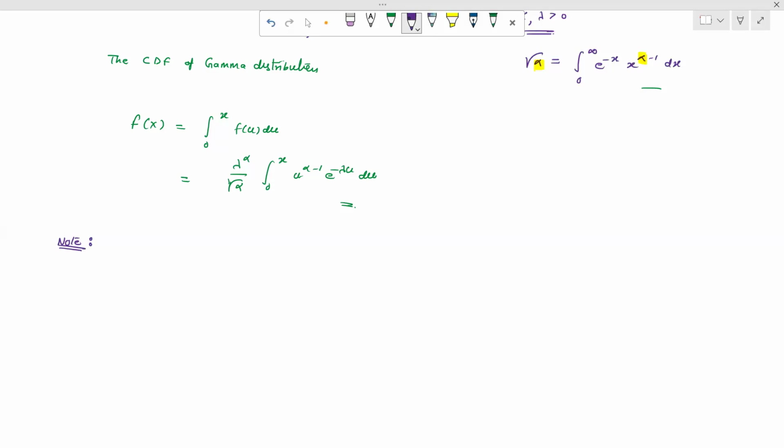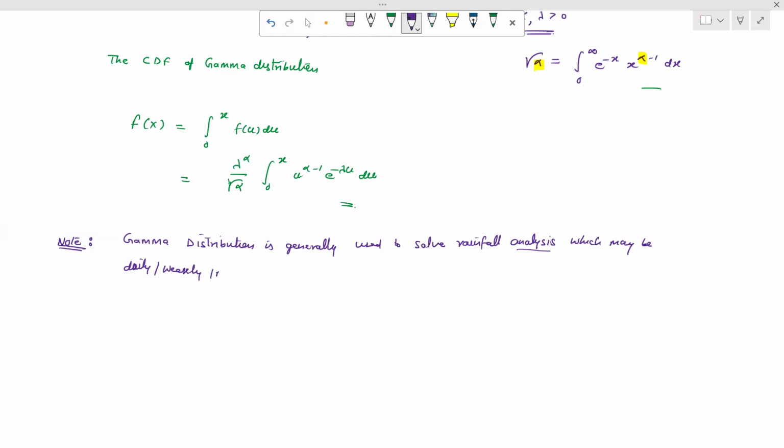So the gamma distribution is generally used to solve rainfall analysis, which may be daily, weekly, monthly, or annually. So we basically use the gamma distribution for rainfall analysis.